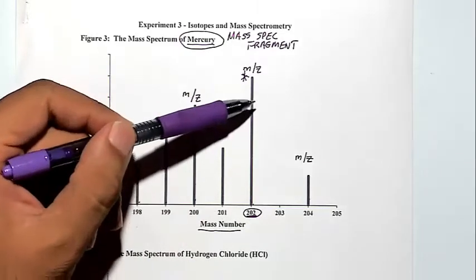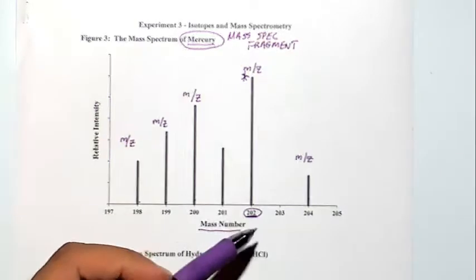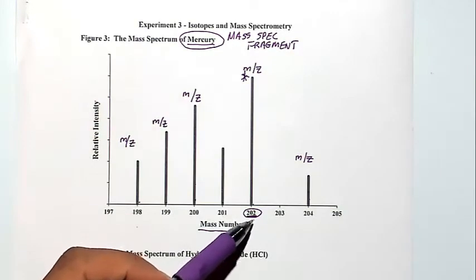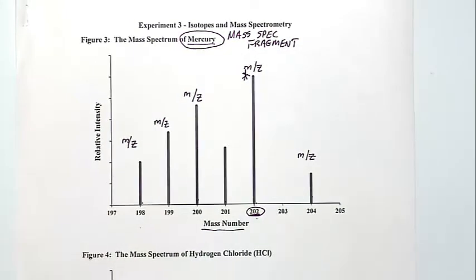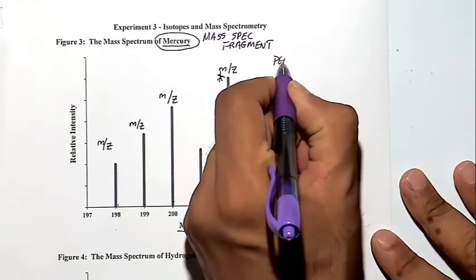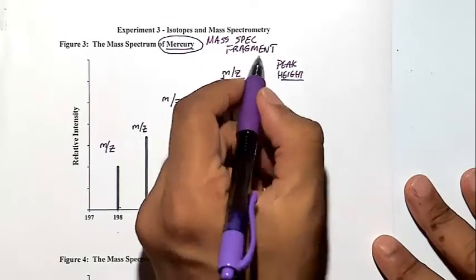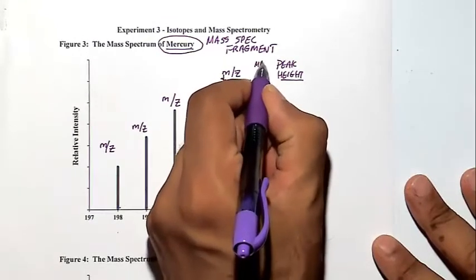If you would take the area underneath this peak, that would be the amount of mercury 202. If you were to take the area under this peak, that would be the amount of mercury 198. So the first thing we would do is actually measure the peak height of each of these peaks. I can make a column here and call it peak height. I can make another column on the left of it and call it mass number.